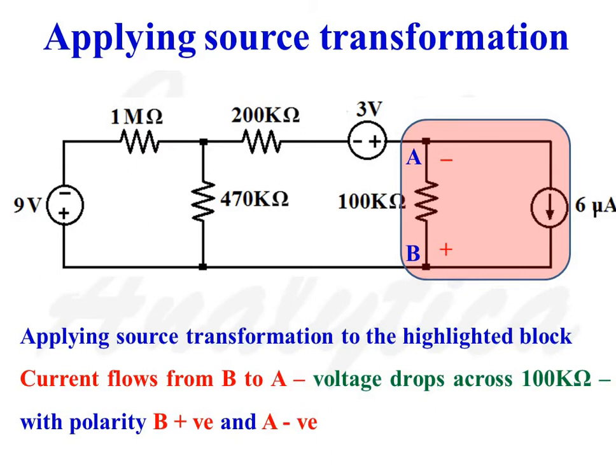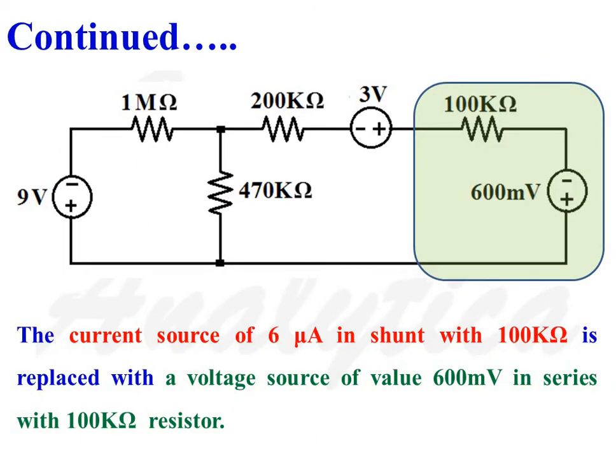So voltage of the voltage source is equal to 600 millivolt, 6 microampere into 100k.